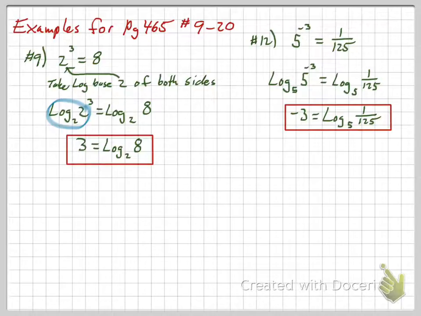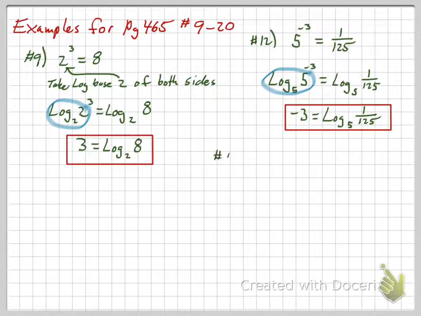Again, that inverse operation right here makes this side simplify to -3. And then I've got log base 5 of the fraction 1 over 25 on the other side. And that's it. I've taken my original expression and converted it to a logarithm expression.